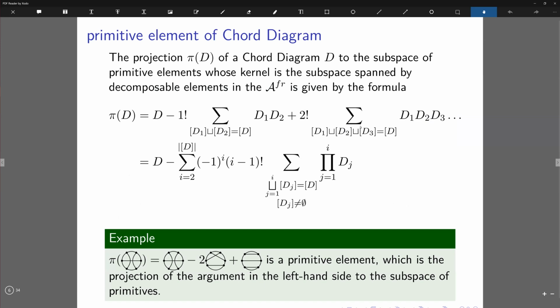And this summation is finite because each part can't be empty. And here is an example of a chord diagram of order 3. By applying this formula, you can get the result looking like this.